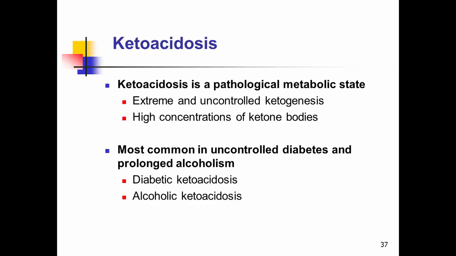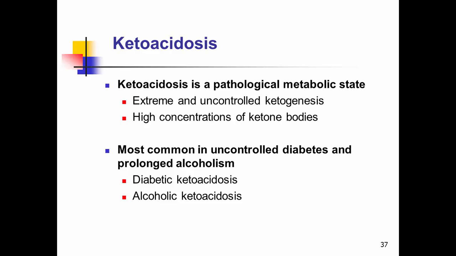Okay, so ketoacidosis. The ketogenesis we just talked about is considered to be under normal physiological conditions, like under fasting conditions. This type of ketogenesis we also call dietary ketogenesis.